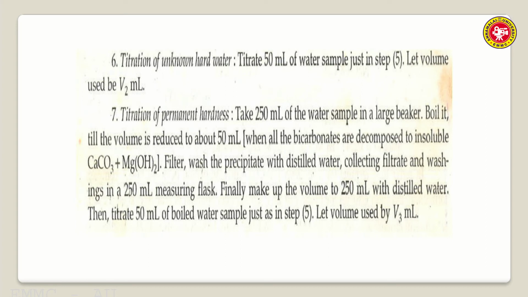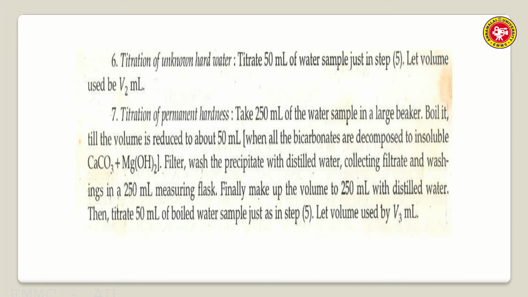Next step will be, I will take 250 ml of the sample hard water in a large beaker. I will boil the entire 250 ml of water and reduce it to about 50 ml. During this boiling, what happens? All the temporary hardness producing salts would have been precipitated and settled down. Now I'll filter it and collect the filtrate, which has only permanent hardness producing salts dissolved in it.